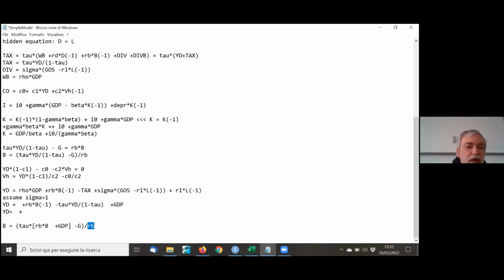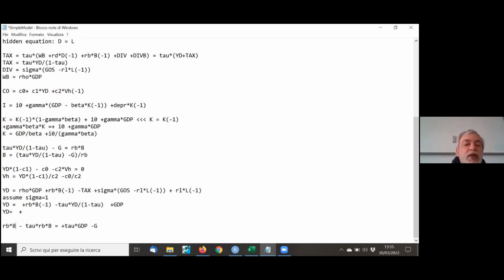So let's multiply RB in here. And now we have tau RB plus tau GDP minus G. So I can bring this to the left-hand side.